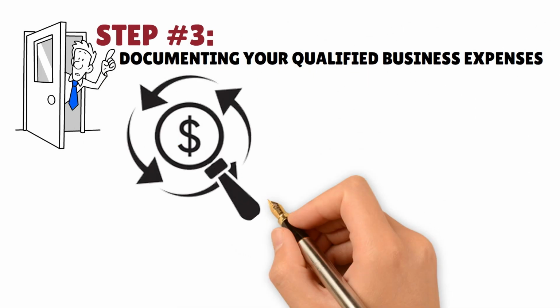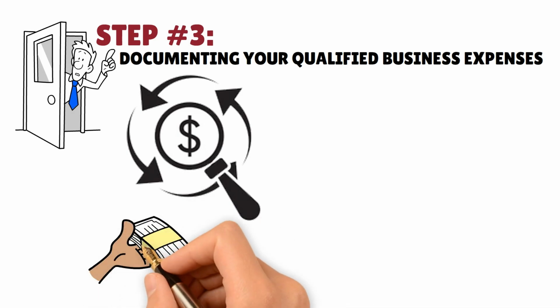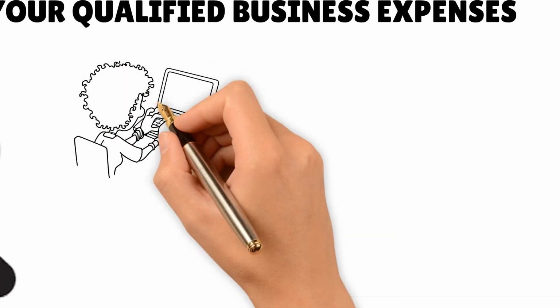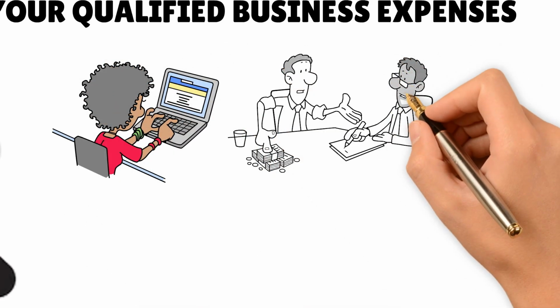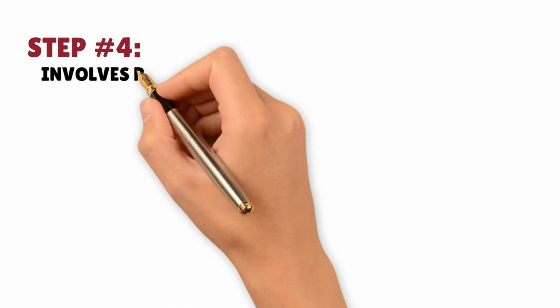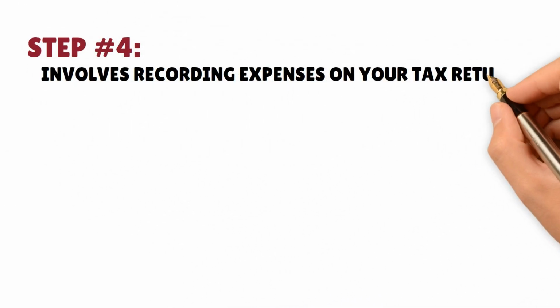Once all income is reported, it's on to documenting your qualified business expenses. While platforms often streamline income tracking, handling expenses requires meticulous effort. Tracking and categorizing expenses throughout the tax year become your responsibility. Once organized, Step 4 involves recording expenses on your tax return.